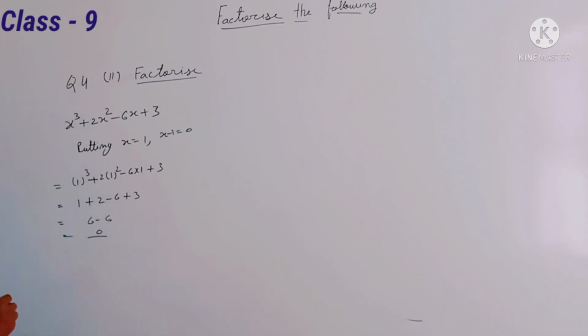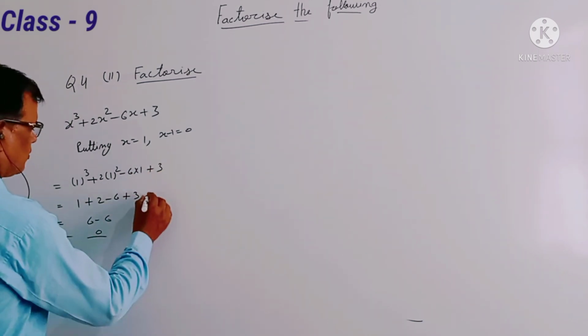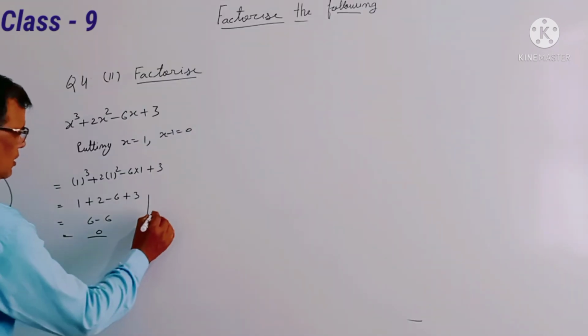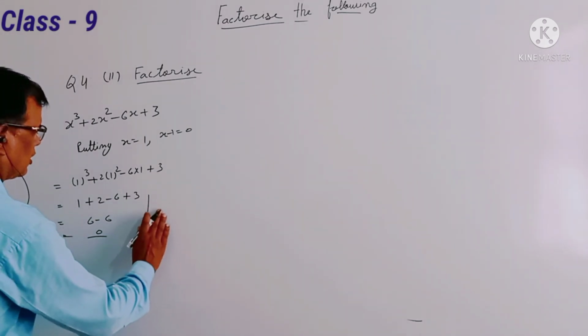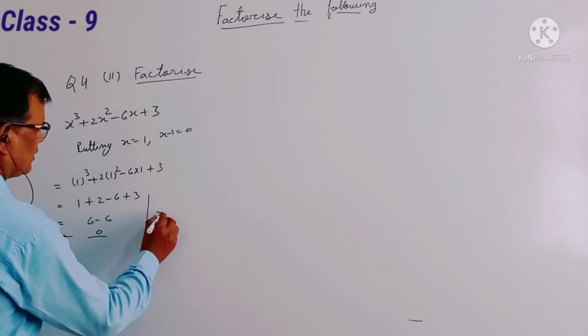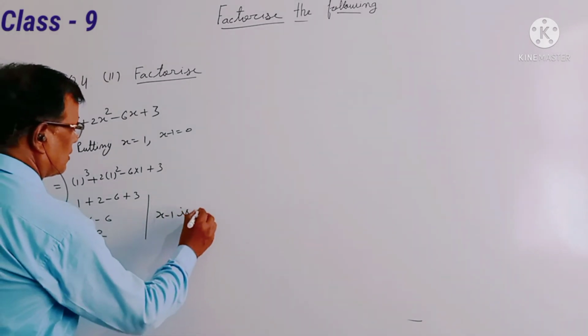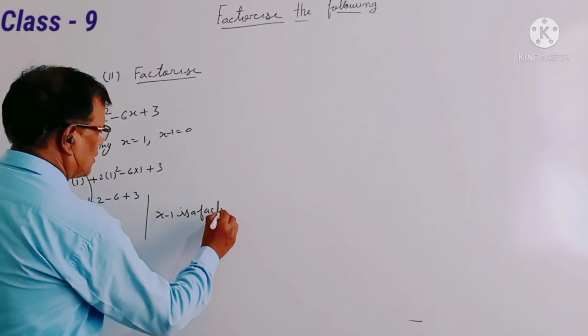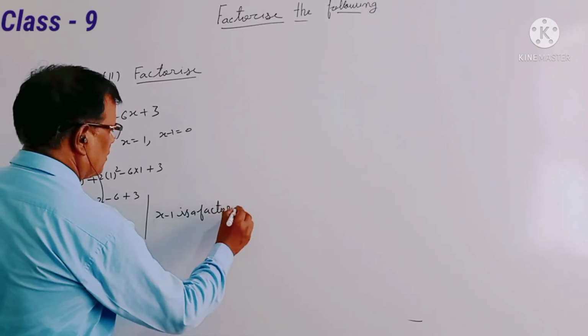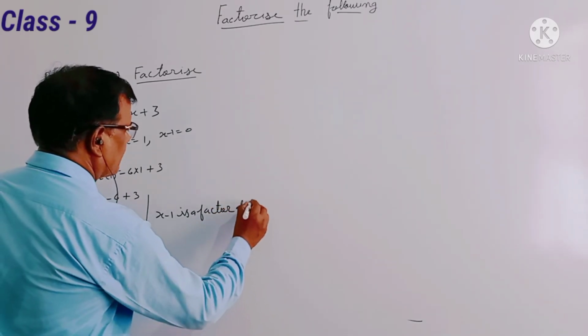It means it is satisfying, therefore x minus 1 is a factor of the given p(x).